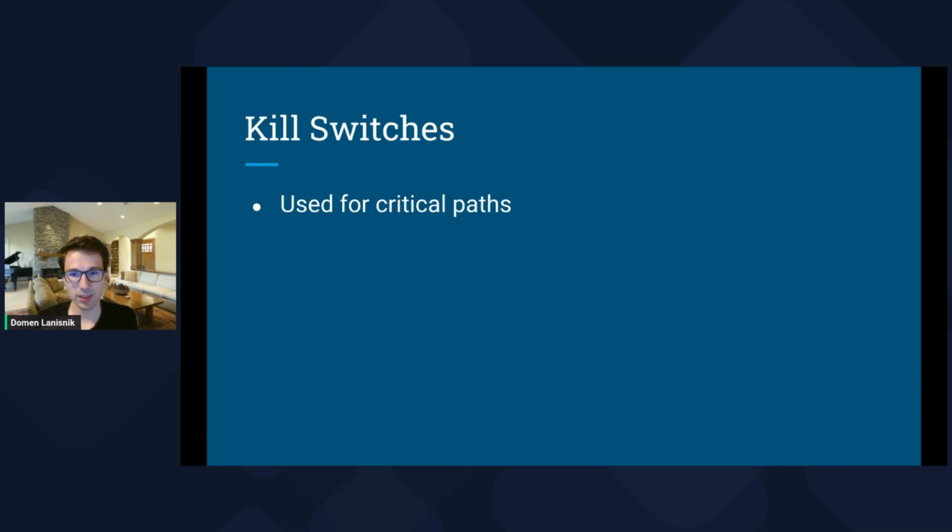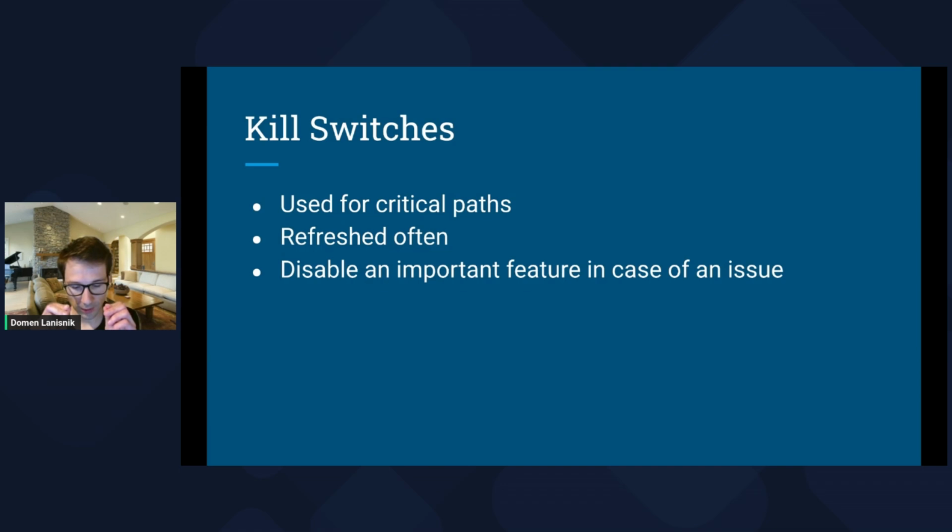Because what this allows you is to turn off the feature or the functionality as soon as you change the value on your backend or remote service. So the thing with the feature flags is that usually they're refreshed periodically, but not often.